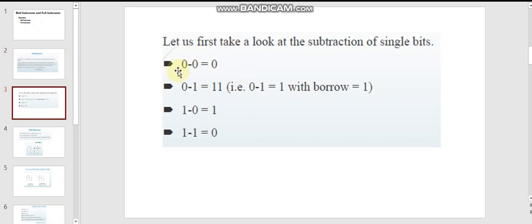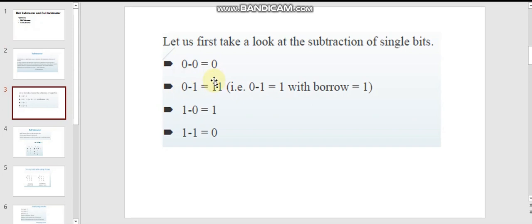So there are 2 possibilities when we use the 2 bits. It could be 0 and 0, when both bits are 0. If we subtract one bit from the other bit, then the difference is 0. When I subtract 1 from 0, then what should I do?